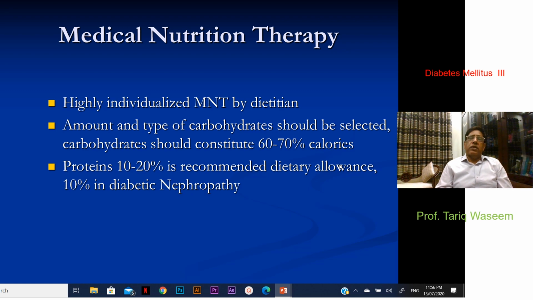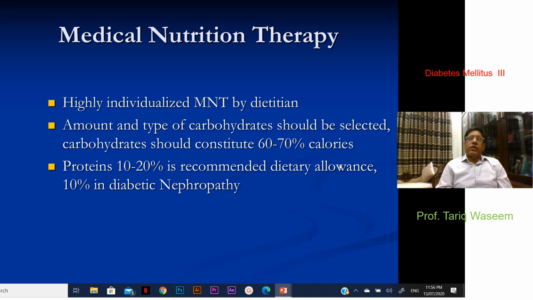The agents with high glycemic index or free sugars which are absorbed very rapidly and lead to a very rapid rise in blood glucose levels should be avoided, and patients should be provided with diet charts mentioning the carbohydrate content of each food component and of course its caloric values.